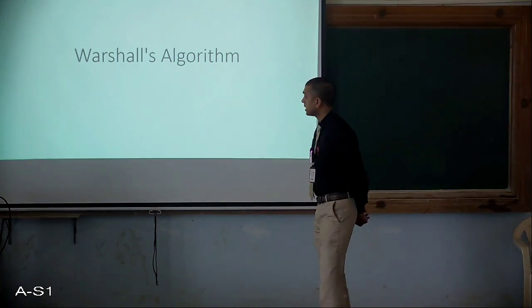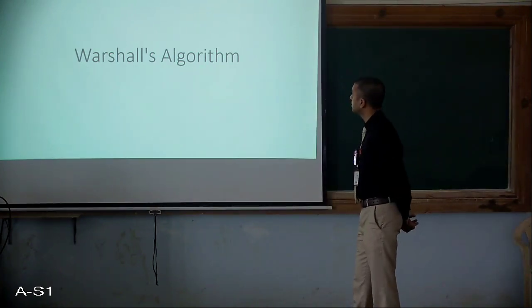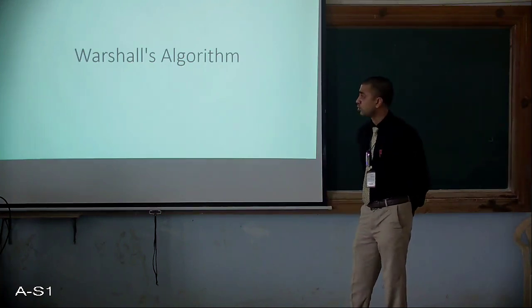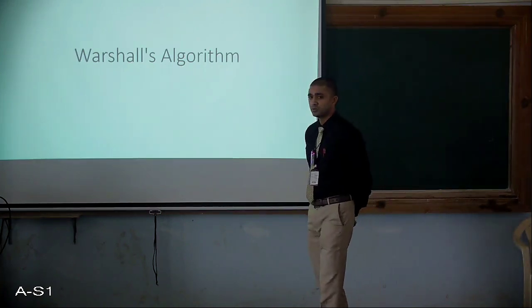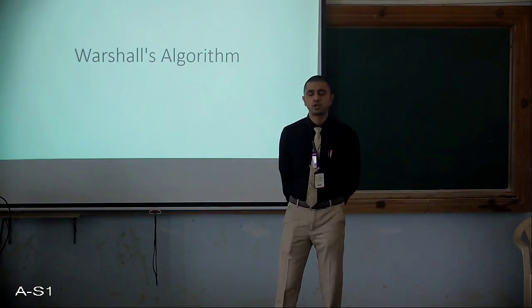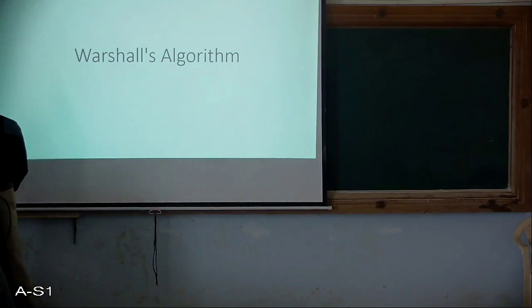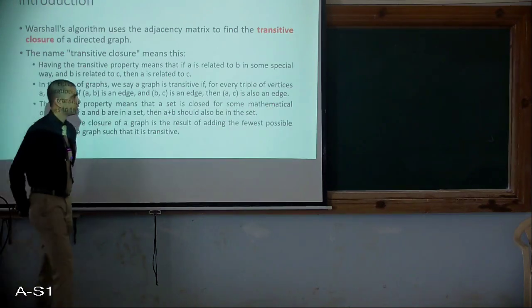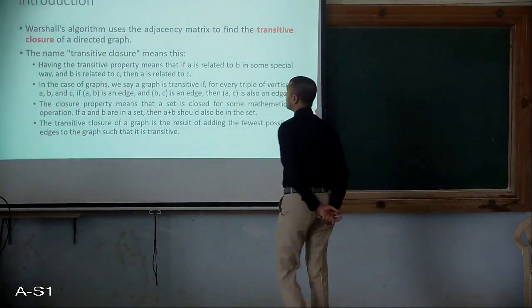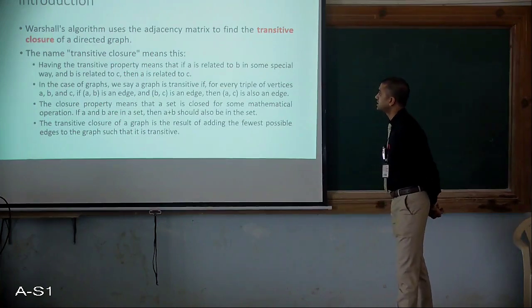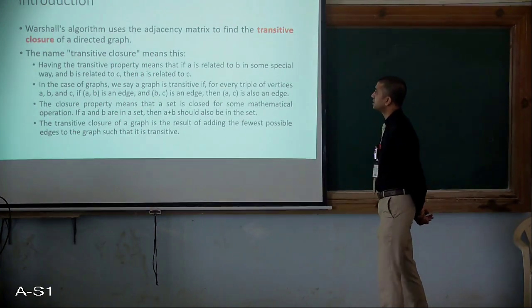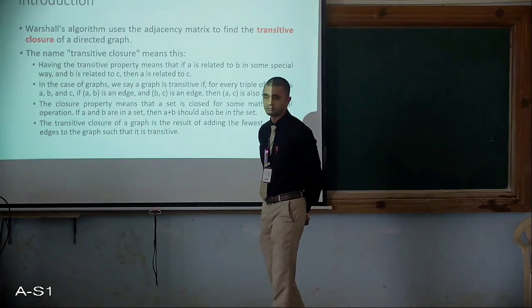So in today's class, we'll be discussing an algorithm called Warshall's algorithm, and this algorithm uses dynamic programming to solve a certain problem. So what is that problem? Warshall's algorithm uses the adjacency matrix to find the transitive closure of a directed graph.